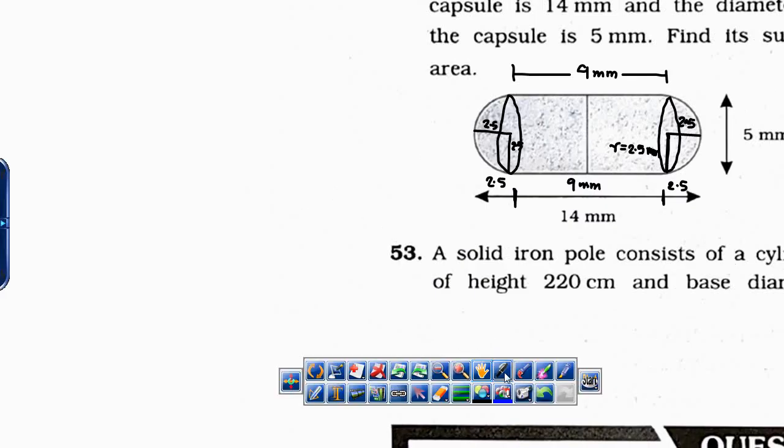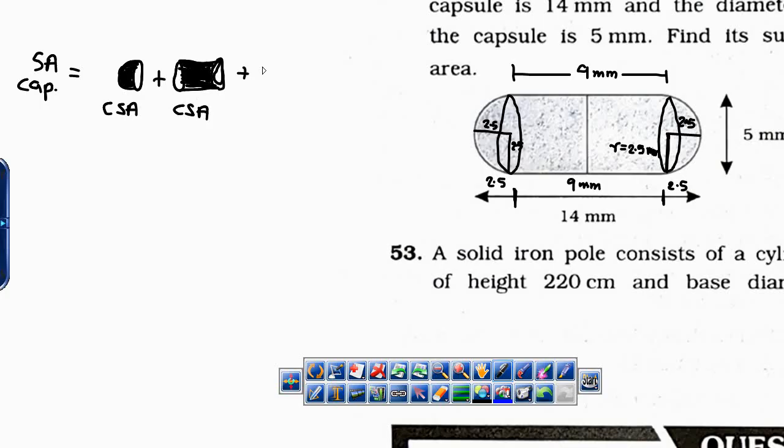So the capsule surface area is divided into three parts. Surface area of the capsule in which medicine is filled is curved surface area of hemisphere 1, plus curved surface area of cylinder, plus curved surface area of the other hemisphere.